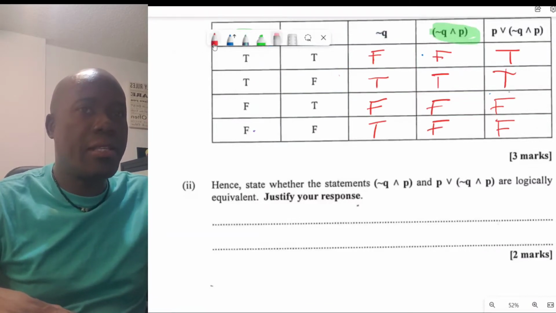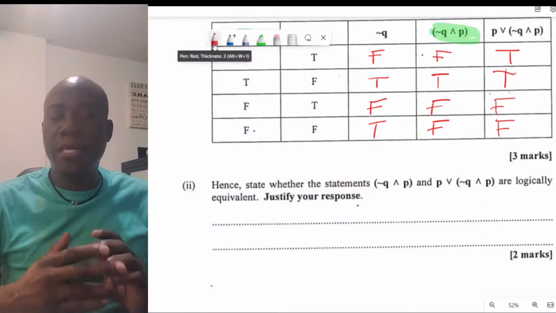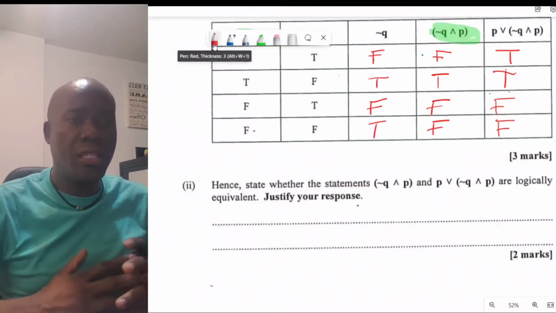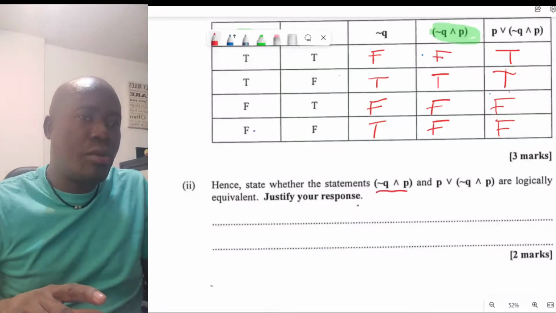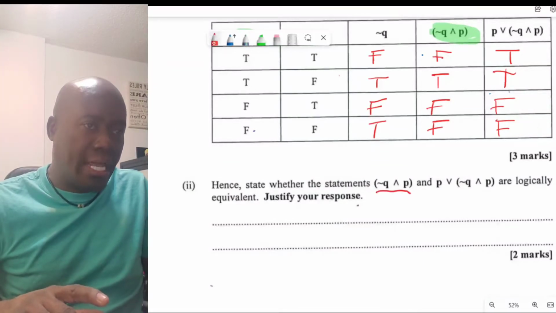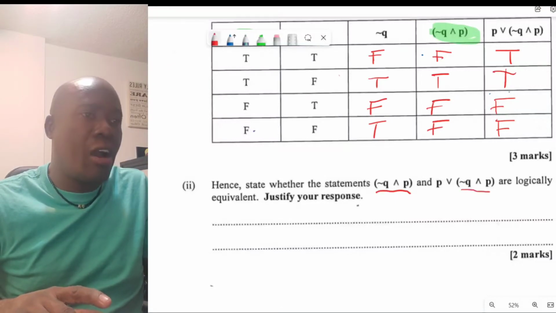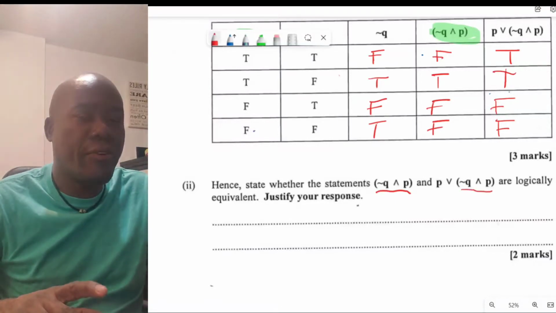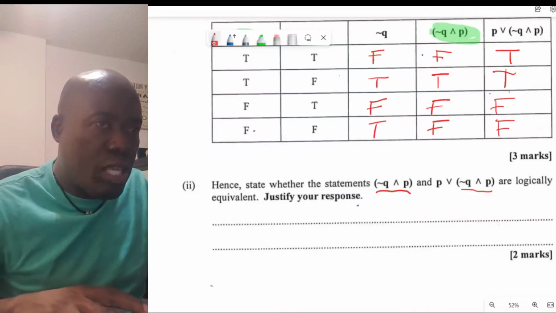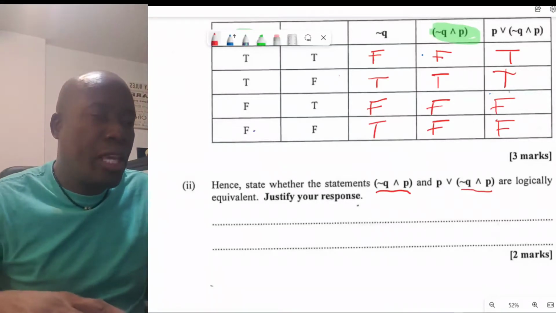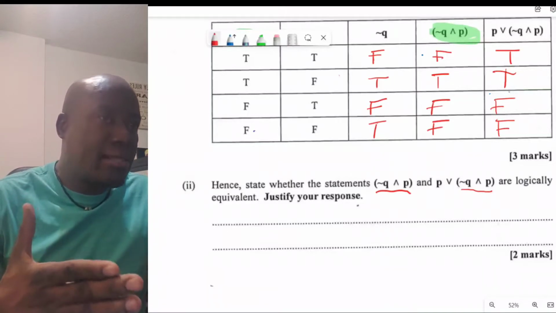The next question says here, hence state whether the statement, let me highlight this, the statement not Q and P or not Q and P are logically equivalent. Justify your response. For these two statements to be logically equivalent, they would have to be exactly the same.